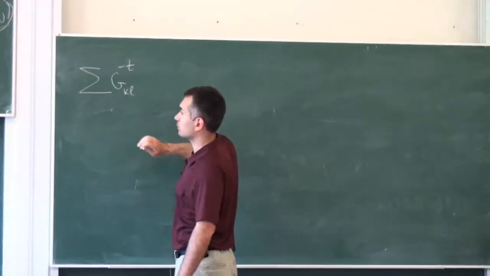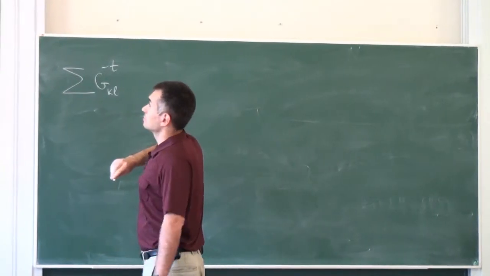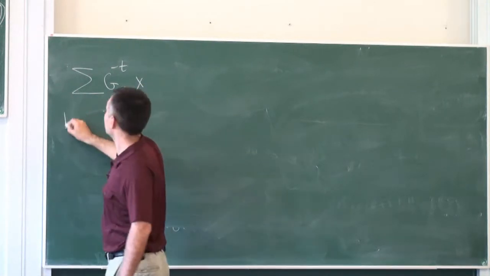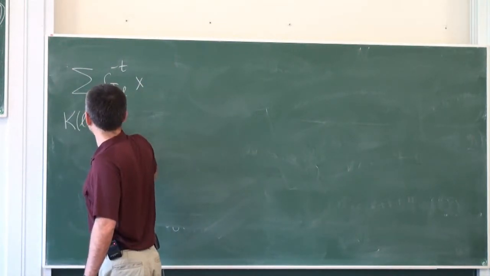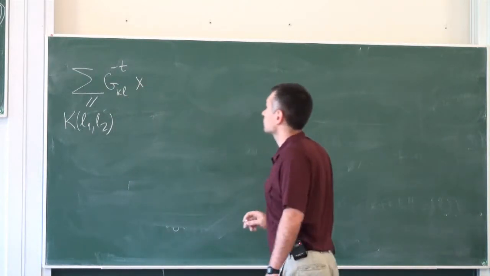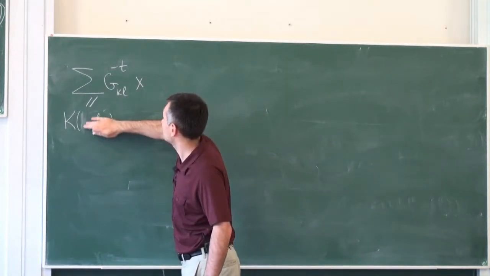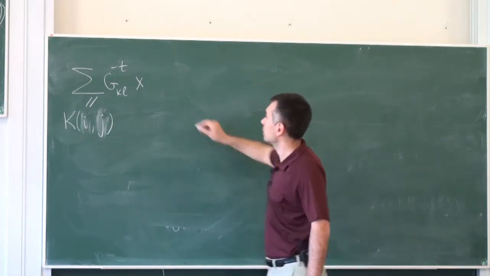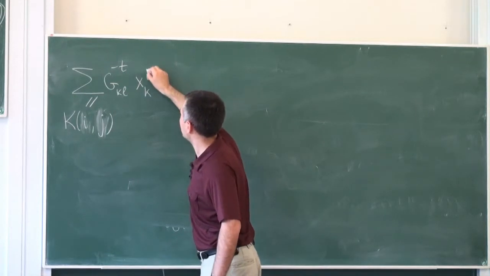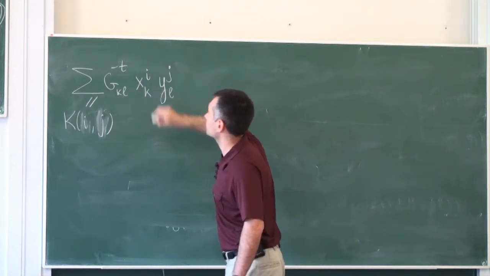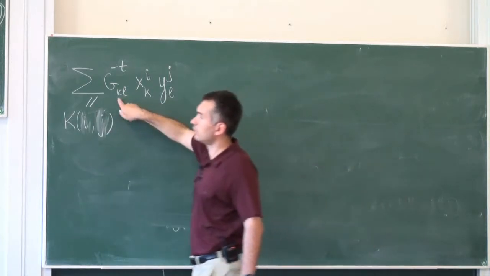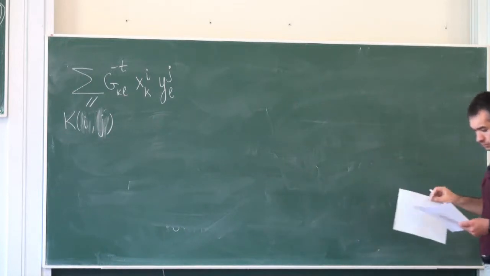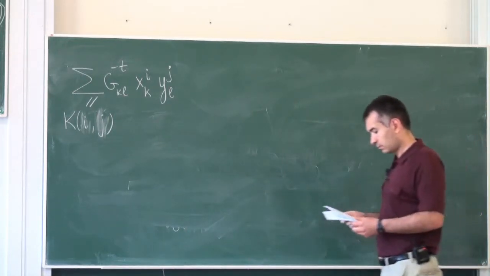And then I have x. So K of L1, L2 is equal to this. Maybe my indices are not the best ones. x_k to the power i, y_l to the power j, where G_KL is this expression here.